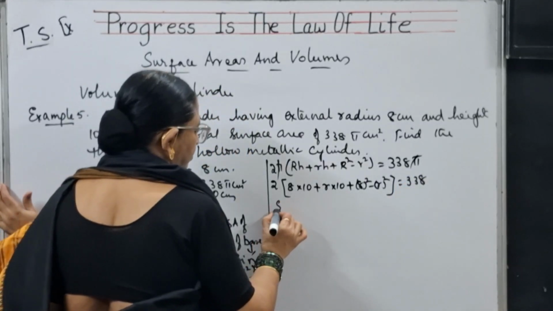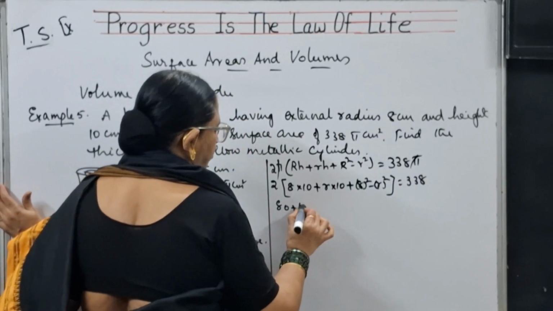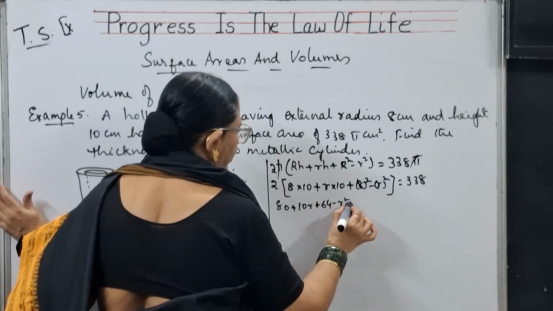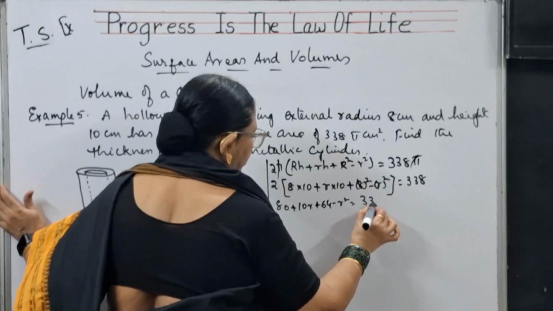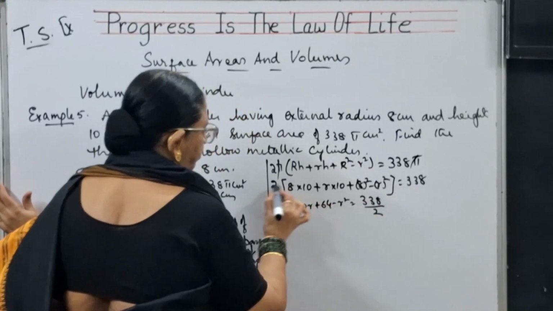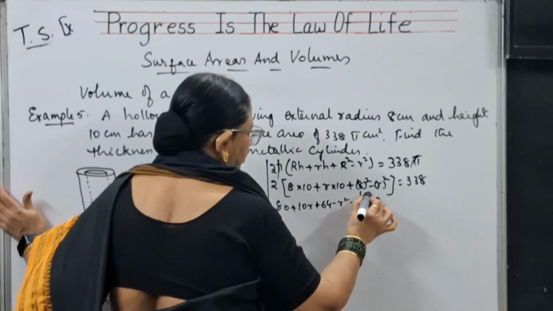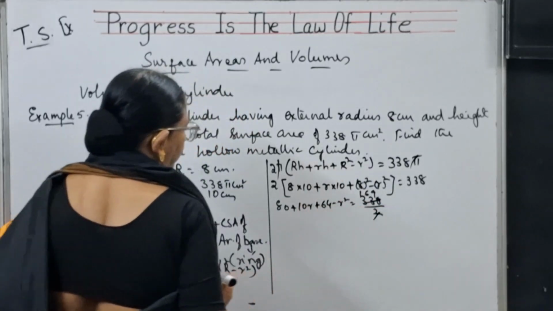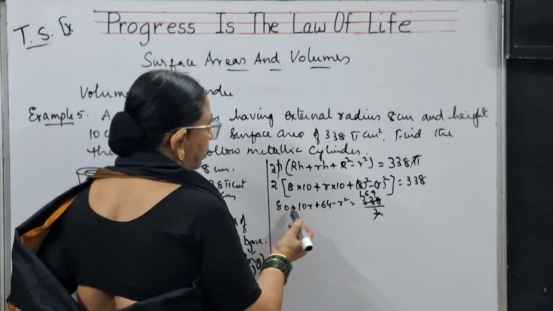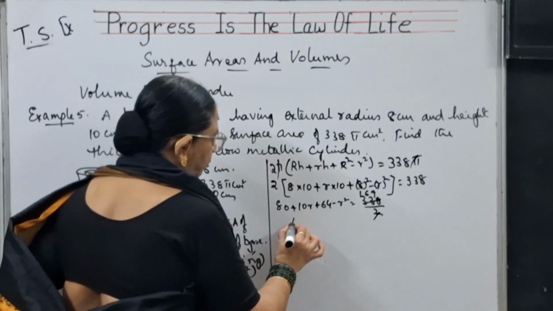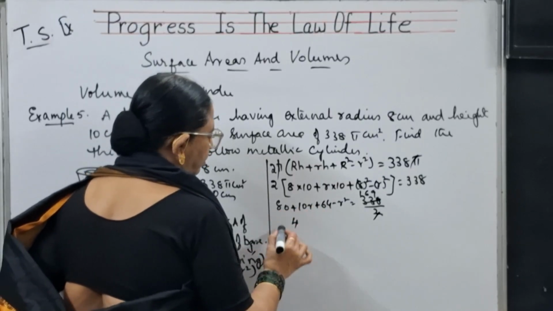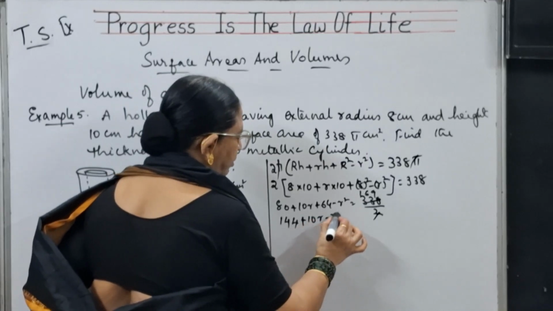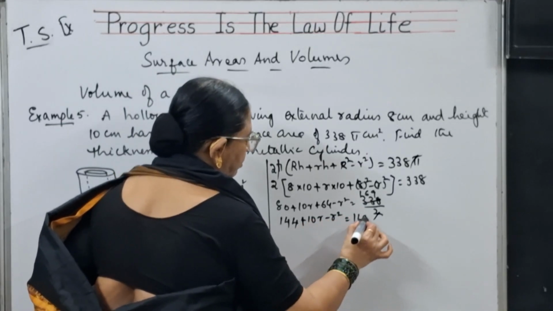That means 80 plus 10r plus 64 minus r square is equal to 338 by 2. I am sending this 2 here. 2 1s are, 2 6s are, 2 9s are. So 80 plus 64, how much am I getting? 144 plus 10r minus r square is equal to 169.